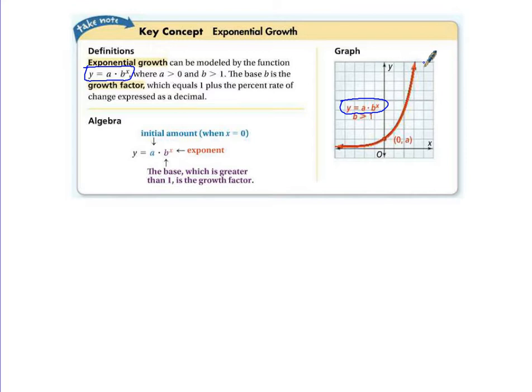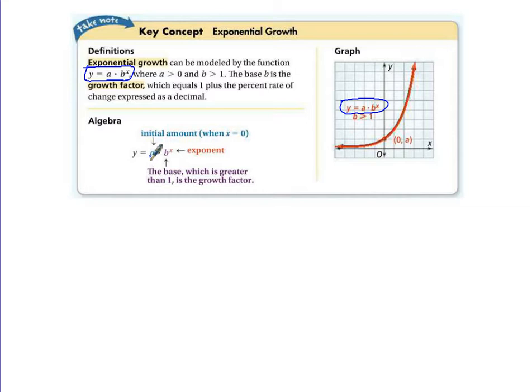If b is between 0 and 1, then we see a graph that does that. That's not growth. That's decay, actually, and we'll talk about that later on. So I don't want to see this line on here because I don't want to confuse you guys. But that's what we're dealing with. B has to be greater than 1. A has to be positive. Which is kind of nice. It narrows down what we're dealing with.